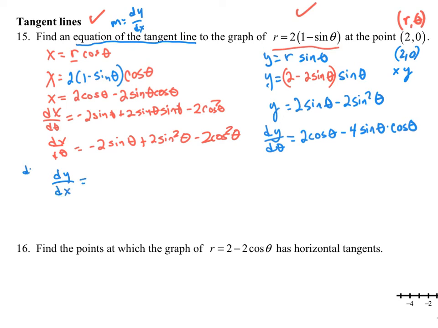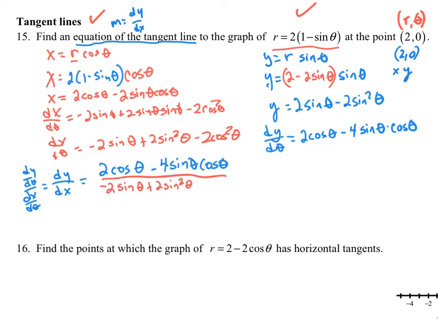Well, that's going to come from dy/d theta over dx/d theta. So I take this blue 2 cosine theta, and I'm going to divide it by dx/d theta, which is this one. And I'm going to get this.